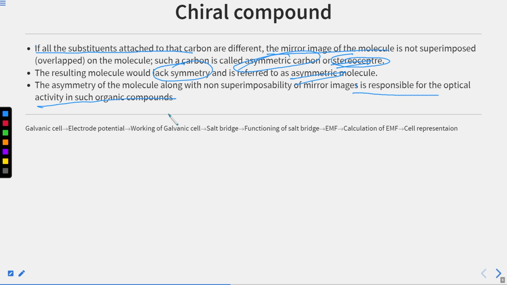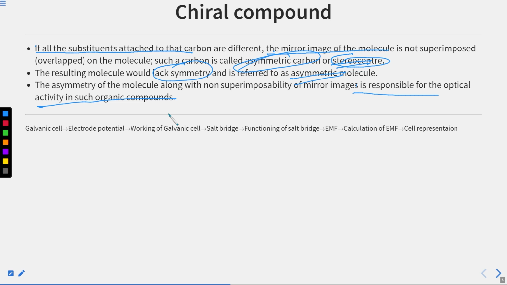We have seen that on passing plane polarized light through this solution, we see a deflection. What is the reason for this deflection? It is this chiral center, or asymmetric carbon, which is rotating the plane polarized light. Okay, is this clear?